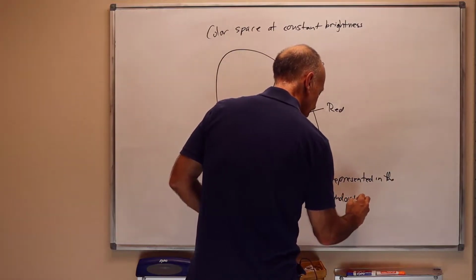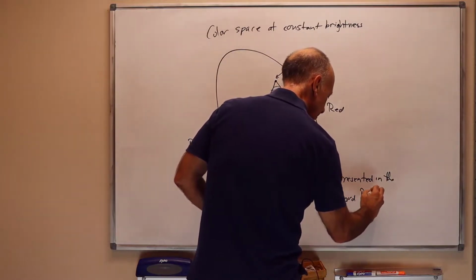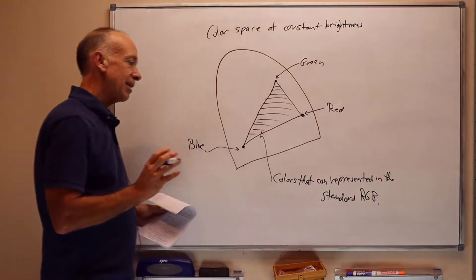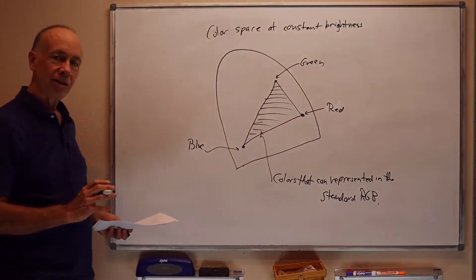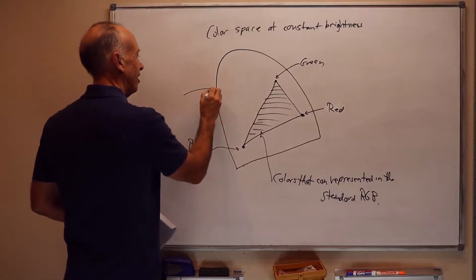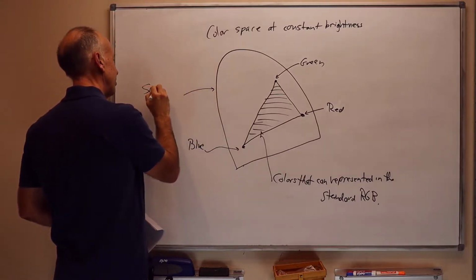Where we use, of course, adding up red, green, and blue values to generate a color. This overall thing here is the space of visible colors.